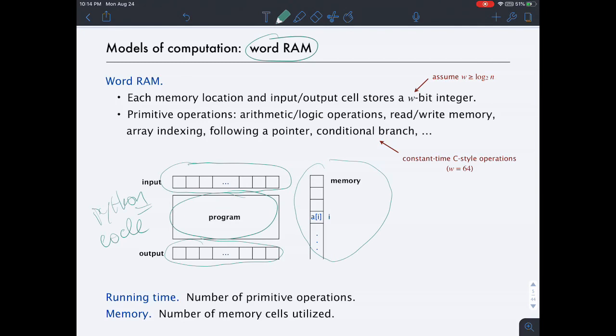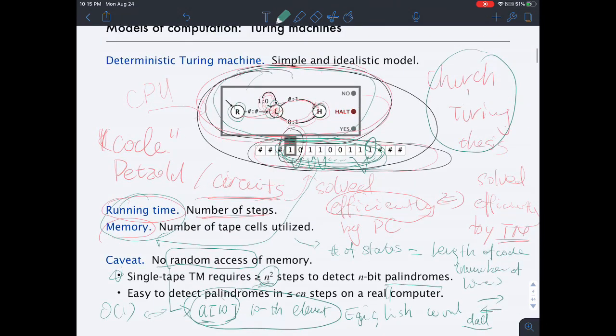The random access model, or sometimes people call it the word RAM model, says that if you want to jump to a specific element in this array, it takes a constant amount of time, right? This is a lot different from the previous model, where when you want to move around, you have to move from left to right.